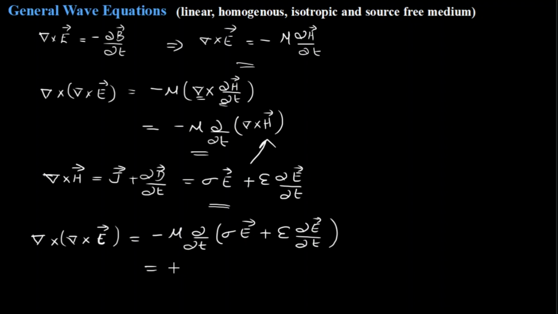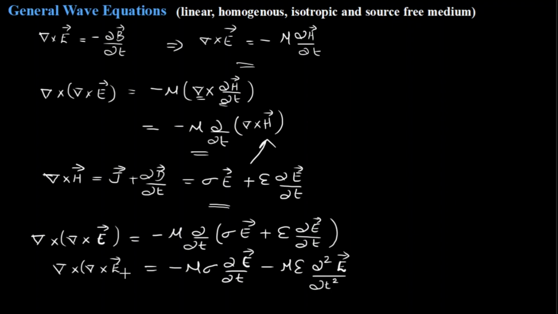I can write this equation in a better form: minus mu sigma partial differential of electric field intensity, and this minus comes inside, so minus mu epsilon del square by del t square of electric field intensity. So this is my curl of curl of E.